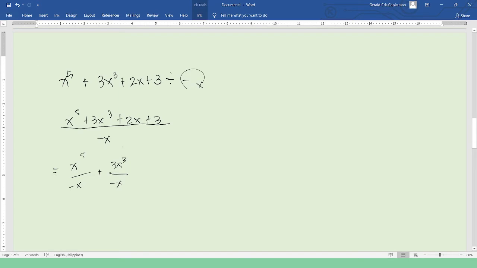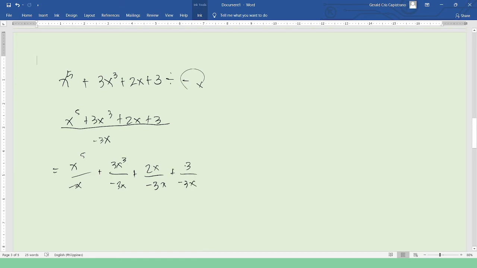So, dagdag lang natin yung negative 3 dito. Alright. Then, proceed lang. So, we'll have 2x over negative 3. Then, we'll have 3x pala. Then, we'll have plus 3 divided by negative 3x.